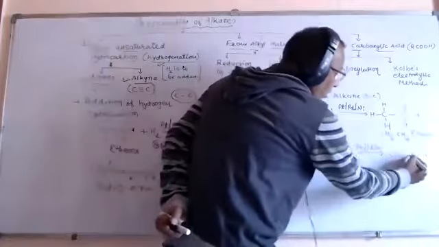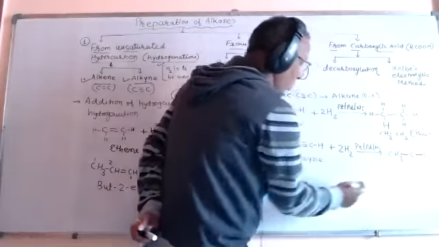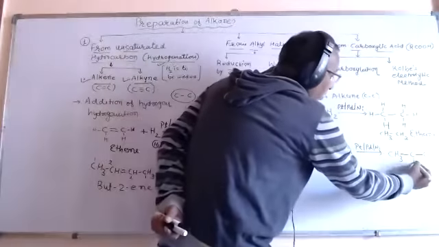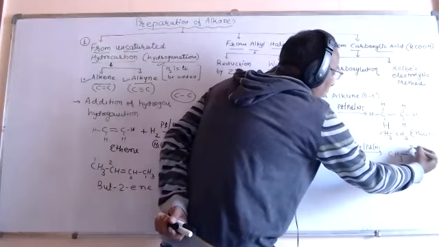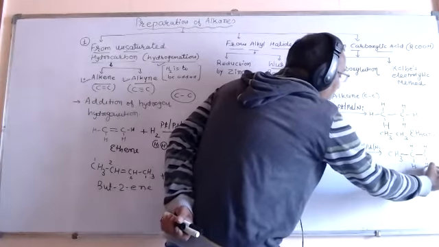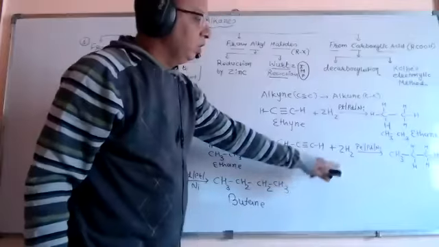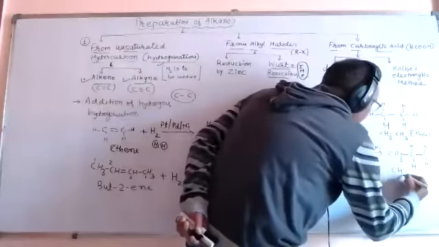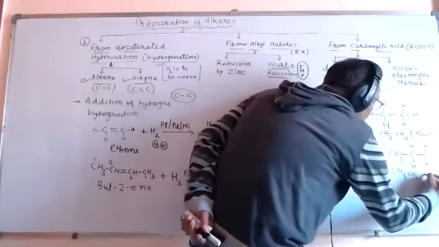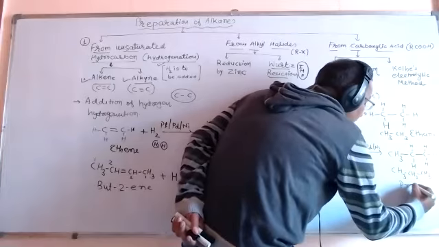So friends, here the total valencies of hydrogen, you can see carbon is 1, 2, 3 and 4. These 4 hydrogens are added from this 2H2. So this is, friends, CH3, CH2 and CH3.